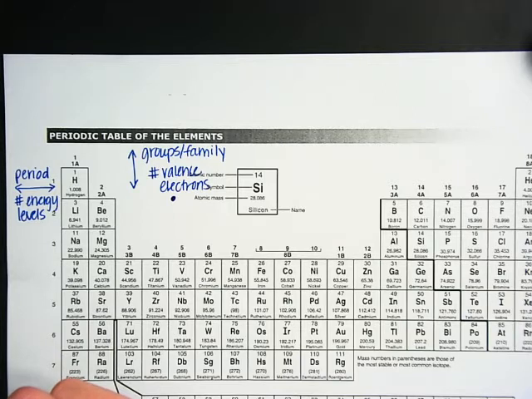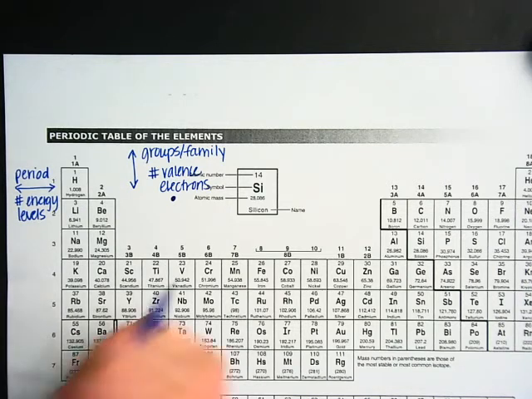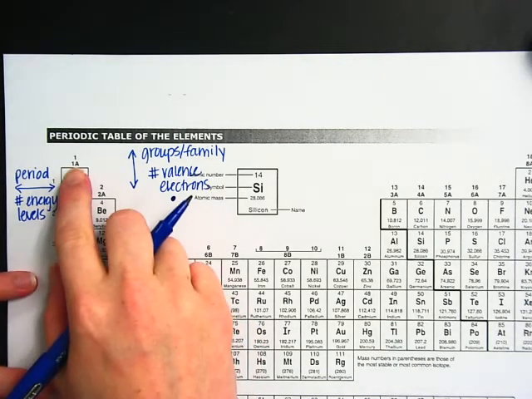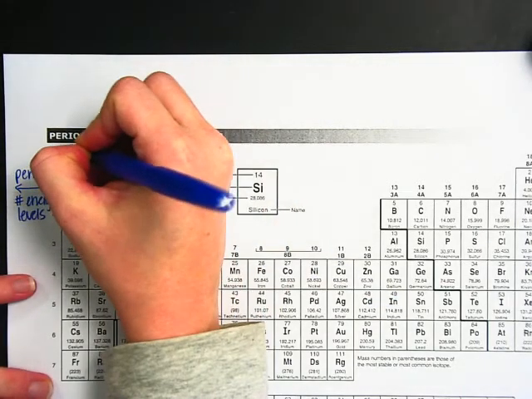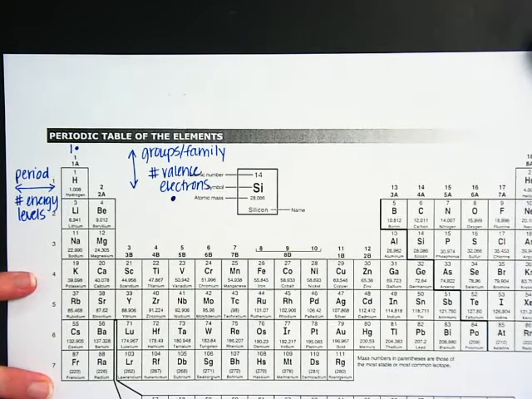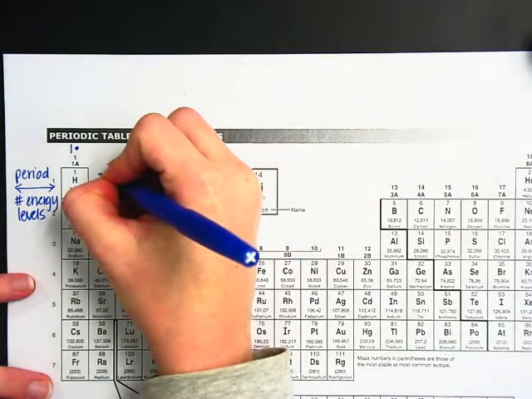Yesterday we looked at 1, 2, 3, 4, 5, 6, 7, and 8. Okay, but there is a little bit of complication to it. So I'm going to show you that right now. Group 1, or family 1, has 1 valence electron. So put 1 dot for valence electrons. Group 2, this one right here, has 2 valence electrons.